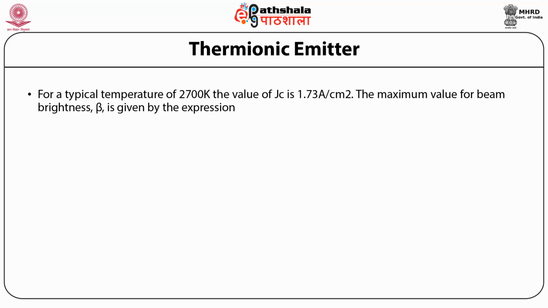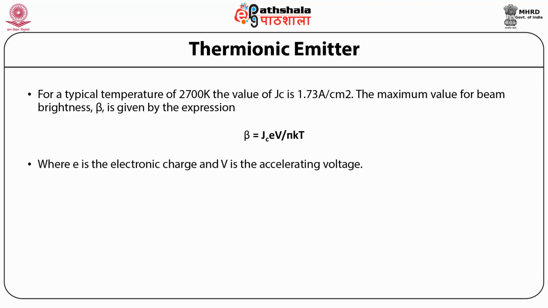The maximum value for beam brightness, that is beta, is given by the expression beta is equal to Jc eV by πkT, where e is the electronic charge and V is the accelerating voltage.